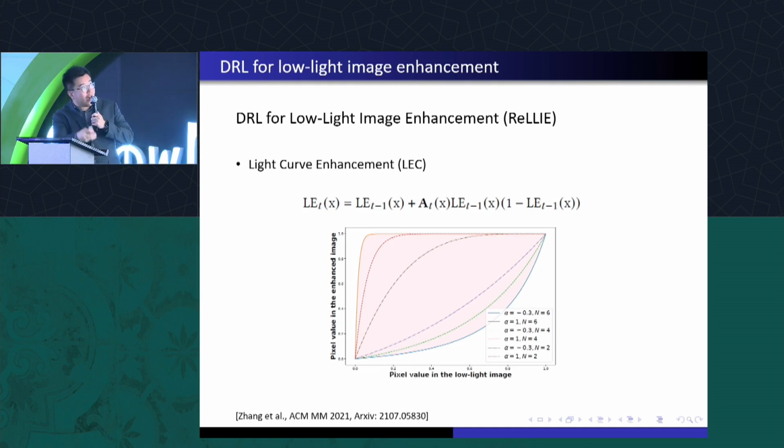Eventually, after multiple iterations, the actions approximate some kind of pixel value adjustment between the low light images and high light images. The learned action eventually will form some curve within these boundaries. And hopefully this will map from a collection of low light images to normal light images according to the customer's subjective metric, right?